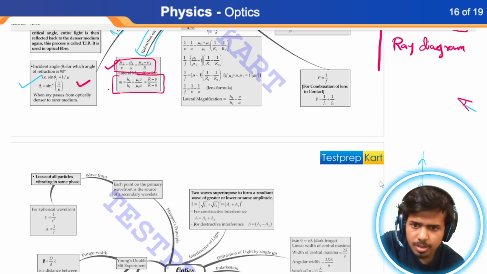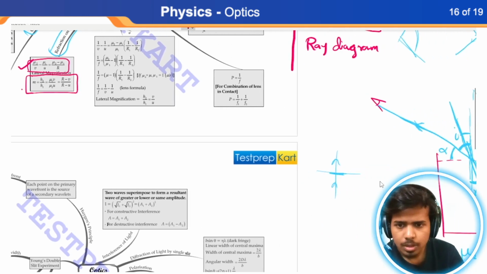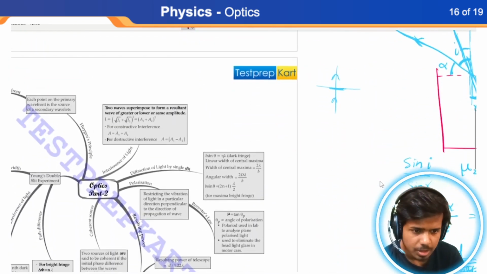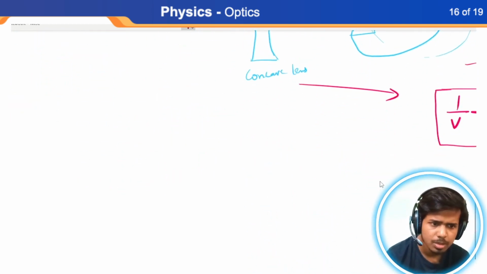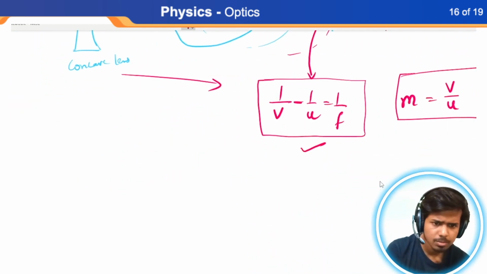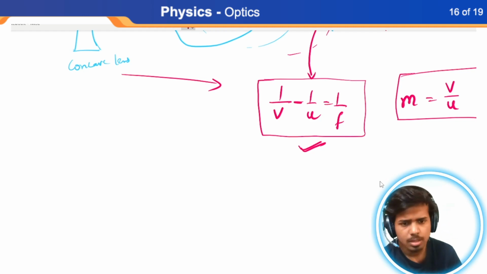As I told you, this is more of a formula based chapter actually, but I don't think you need to remember more than this. This is more or less sufficient in all the cases.